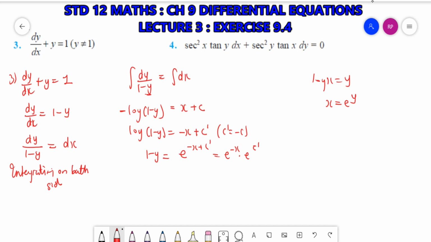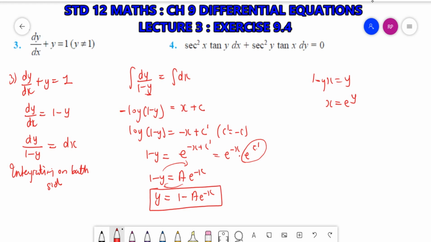Instead of e raised to c dash I can put a constant, let's take constant a, because e raised to c dash will be a constant. Taking y on this side, y will be equal to 1 minus a e raised to minus x. So this was question number 3. Just note it down.